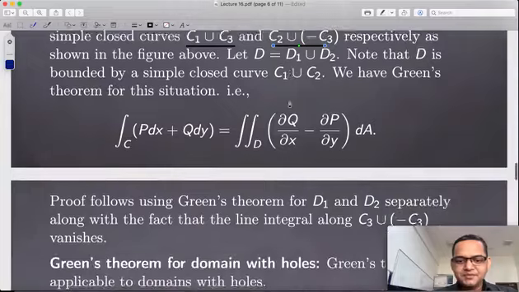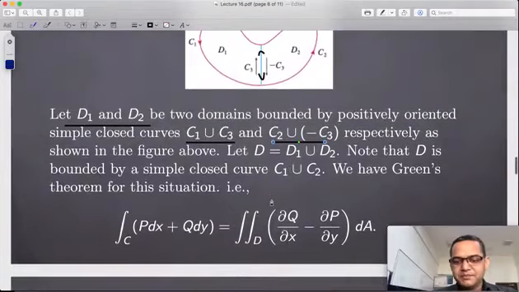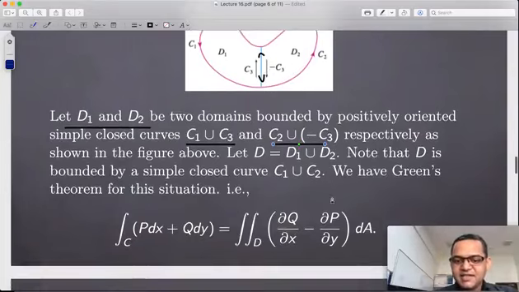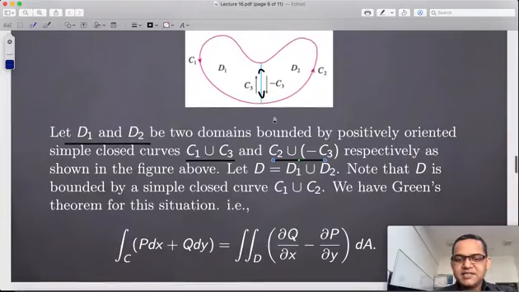And what will happen, Green's theorem basically will tell you that the integral over D1 is the line integral over C1 and then C3. Okay, and C3 here is with positive orientation. When you do it for D2, it will again tell you that this integral over D2 is the same as the line integral over C2, but then there is going to be a term with minus C3.